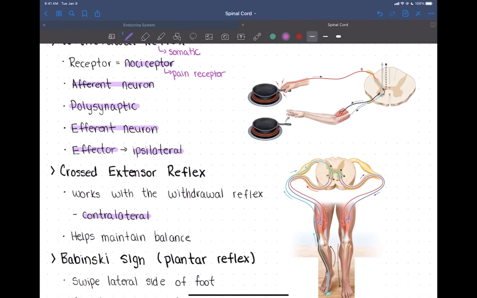This is ipsilateral. You want to withdraw the limb or whatever body part was hurt, so we pull away from the painful stimulus.